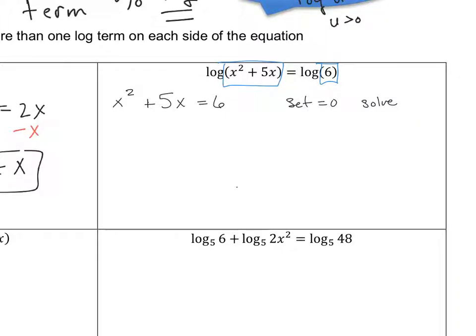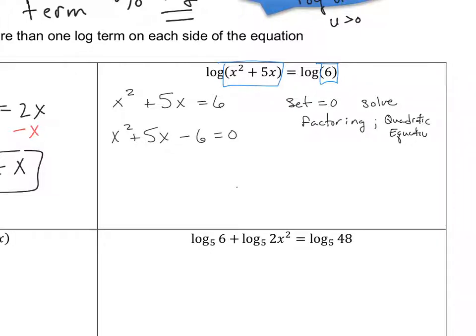I can do that by either factoring, or sometimes you may need to use the quadratic equation. In this case, I just need to move my 6 over to the other side. So I get x squared plus 5x minus 6 is equal to 0.